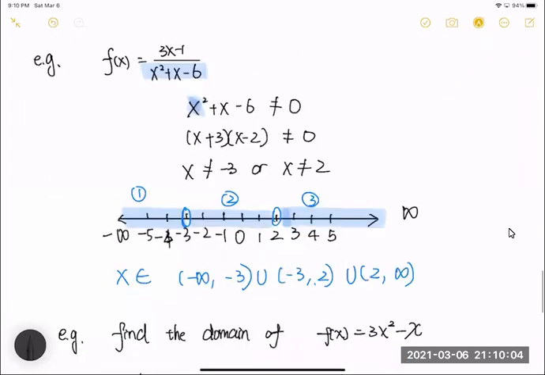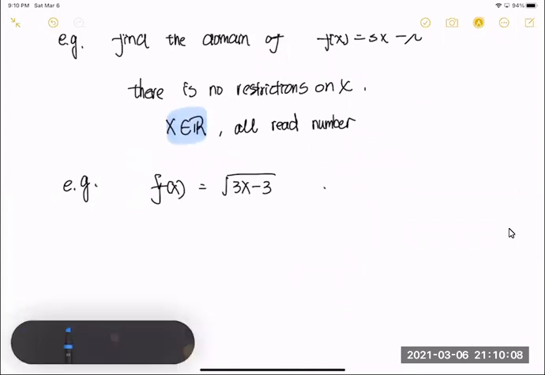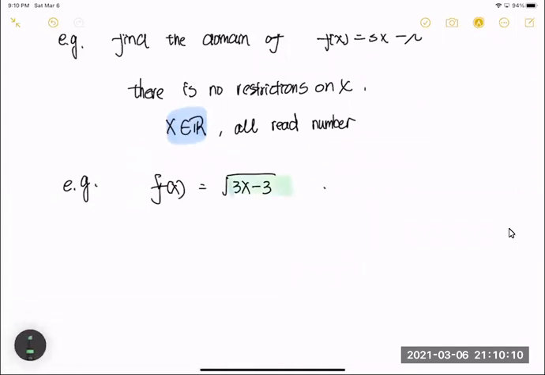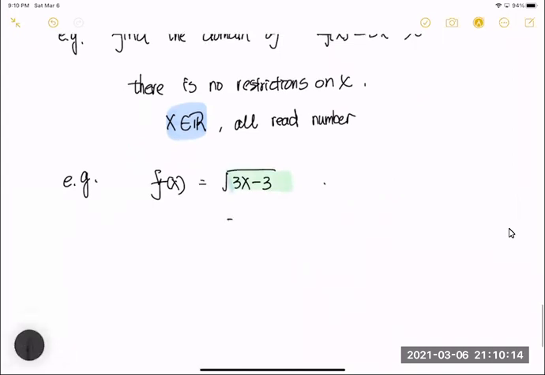So now let's take a look. What's under the square root? 3x minus 3. You can't put a negative number in there. So that means everything in the green coated part has to be greater than or equal to 0. It has to be a positive number or equal to 0.